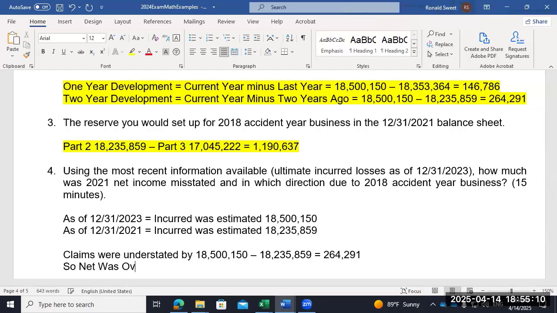Net income was overstated by 264. We'll get a little more practice with this. If you go back to the 2021 net income, it might have been $600 million, $400 million, but it would have been 264,291 lower if they had known. That's how material actuaries are to these businesses.